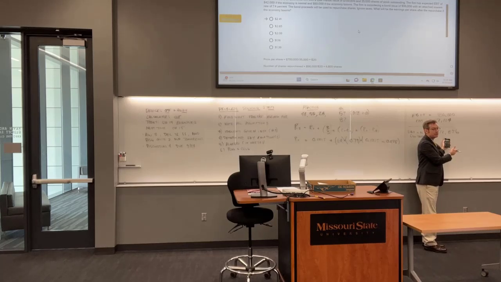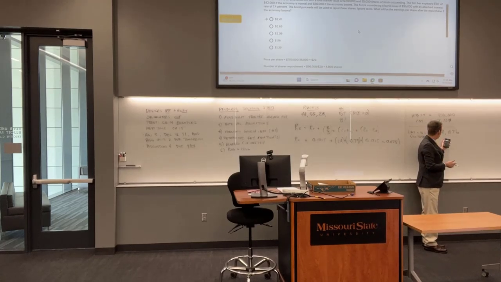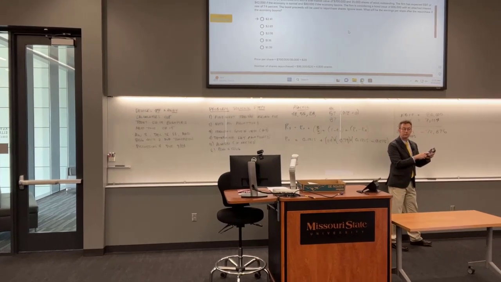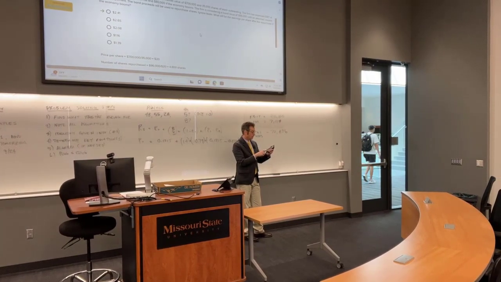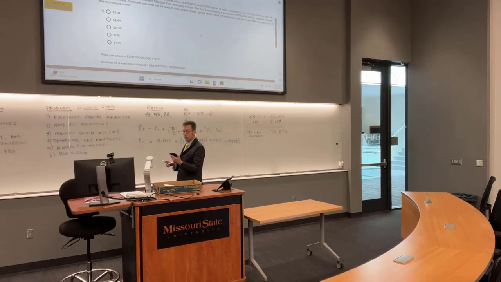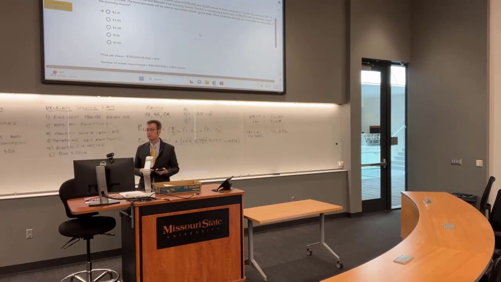I could store this number and then divide by it. Or I could just hit this 1 over x key. Do you see it? It's two buttons above the number 9. I'm going to hit the 1 over x, and then I'm going to multiply by 72,896. I'm getting $2.41, which is the correct answer. Does that make sense to you guys?